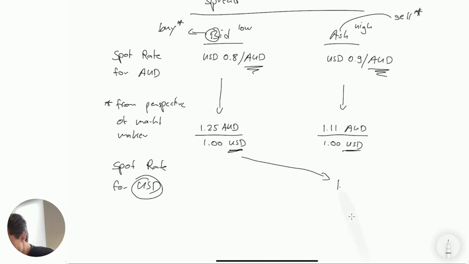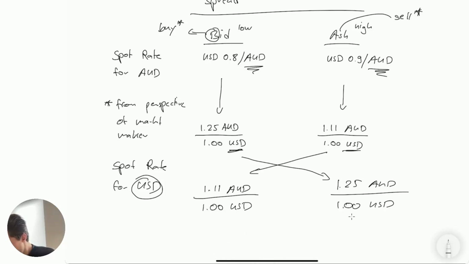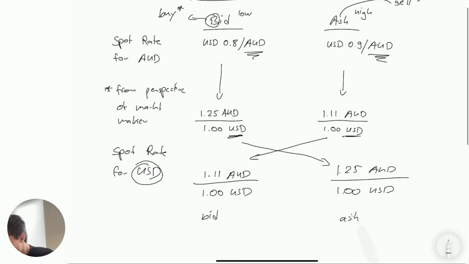This needs to go here. This needs to go here. So this is your bid rate and this is your ask rate for the US dollar.